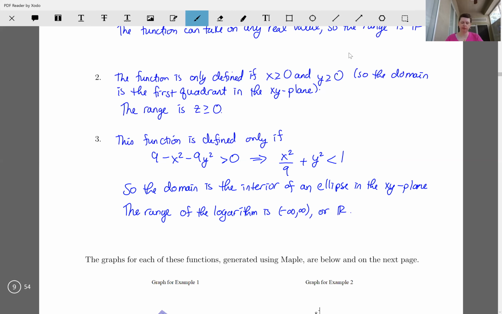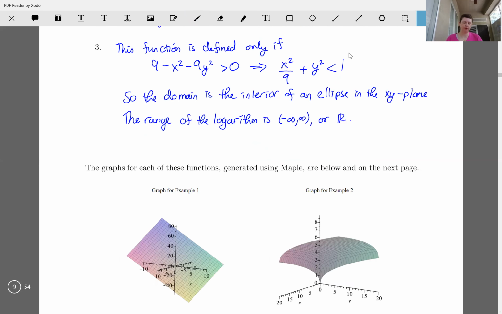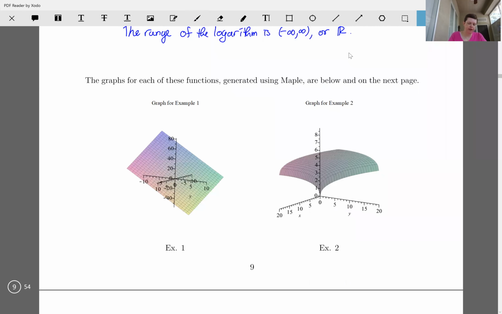So the graphs of these functions I generated using Maple. So example 1, if you'll recall, was f of x y is equal to 12 minus 3x minus 4y. The second example was f of x y is equal to the square root of x plus the square root of y.